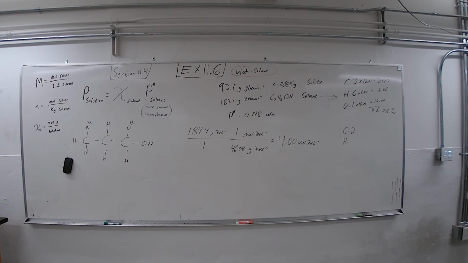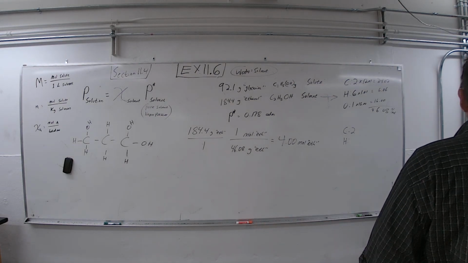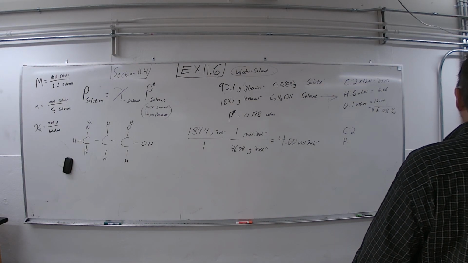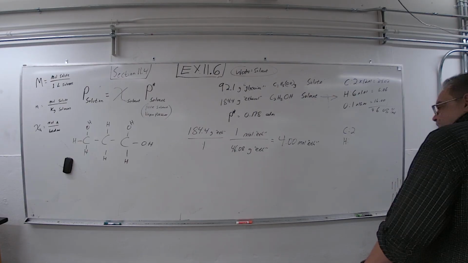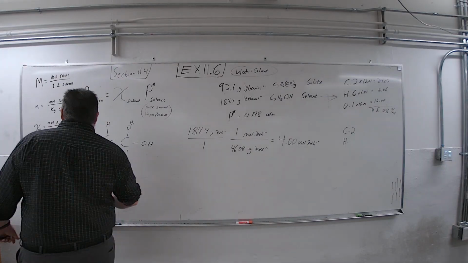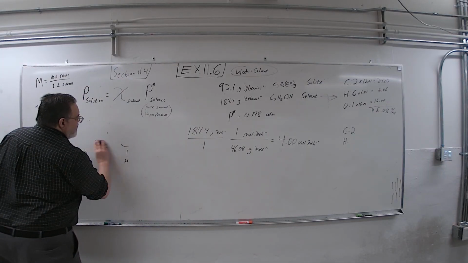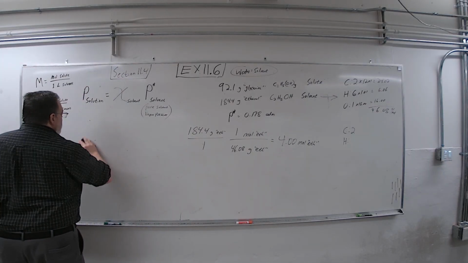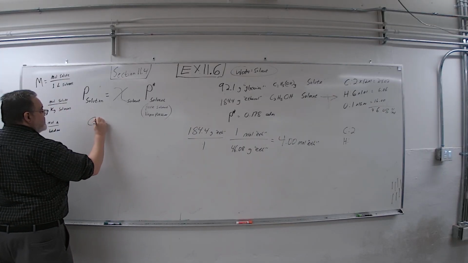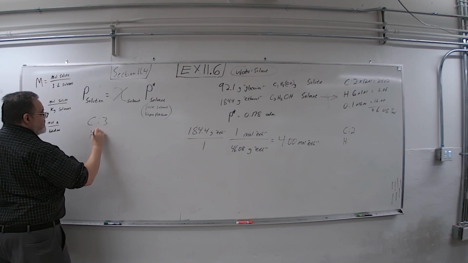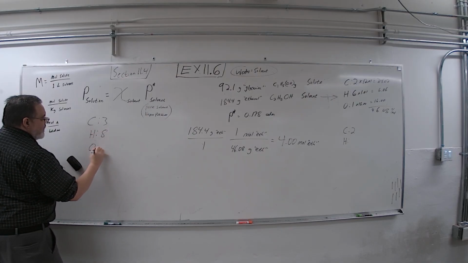So the molar mass of the glycol, the glycerin, is C3H8O3.